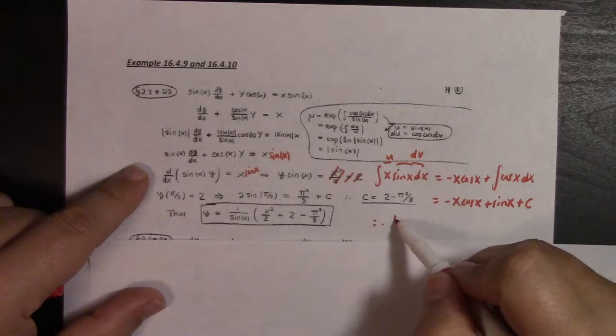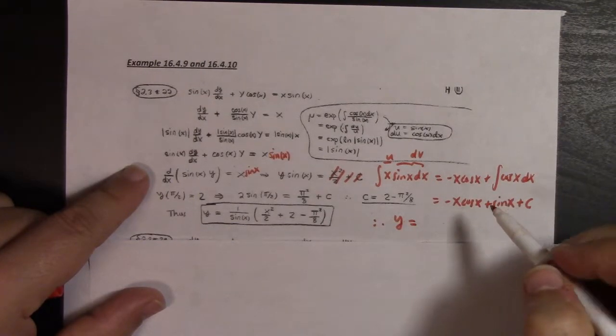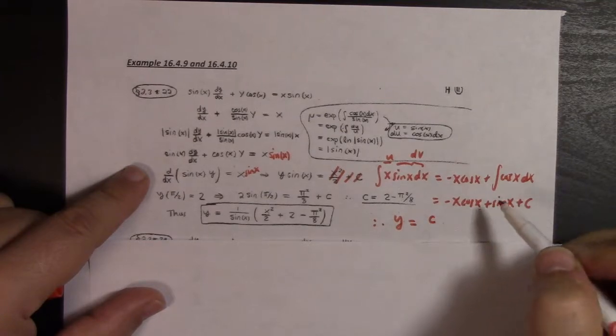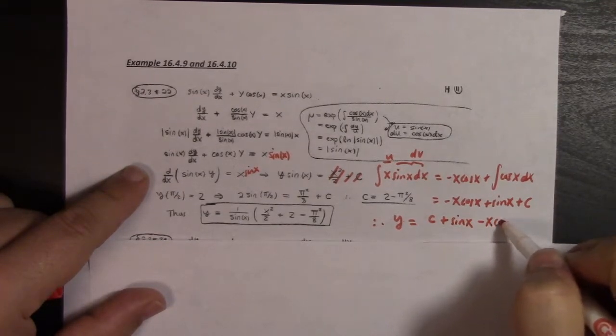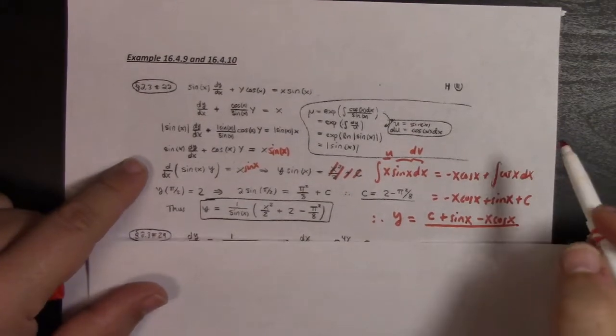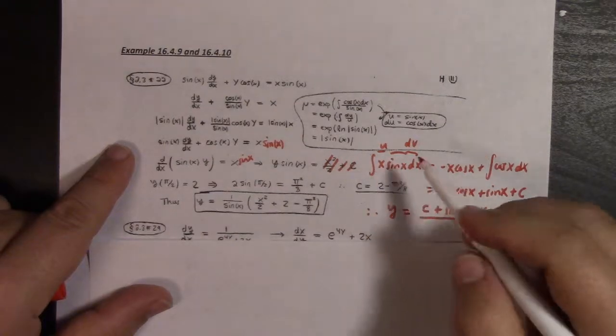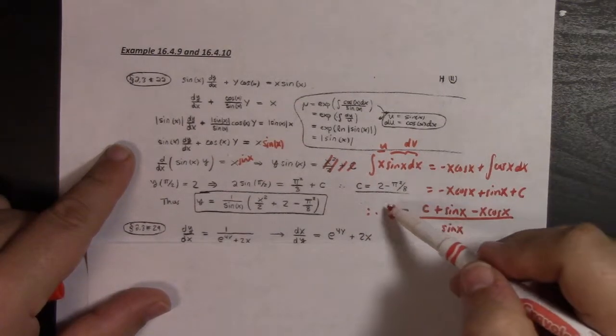So therefore y was equal to actually a constant plus sine x minus x cosine x. Hopefully I haven't made a mistake in the integration by parts I just did there, and then I'm dividing by sine x.